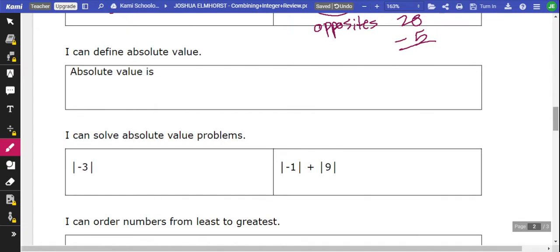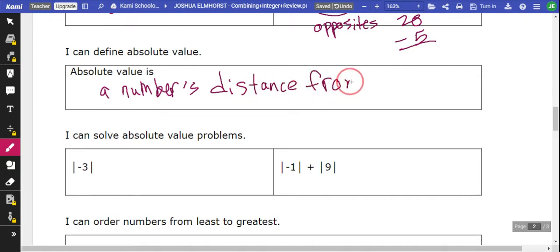So I can find the absolute value. The absolute value is a number's distance from 0, or just the number.